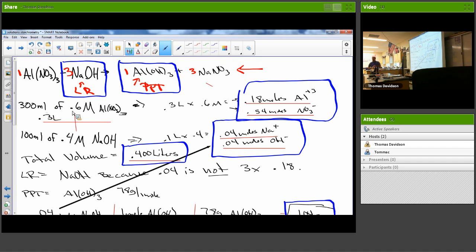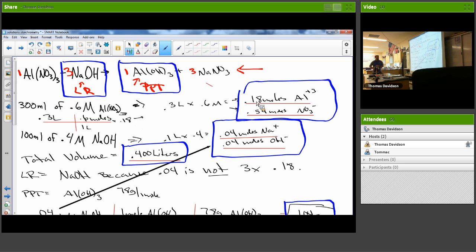And 0.6 capital M actually means 0.6 moles on top and 1 liter on the bottom. That's where I got the 0.18. Are you okay with that? All right? So that's where the 0.18 came from.